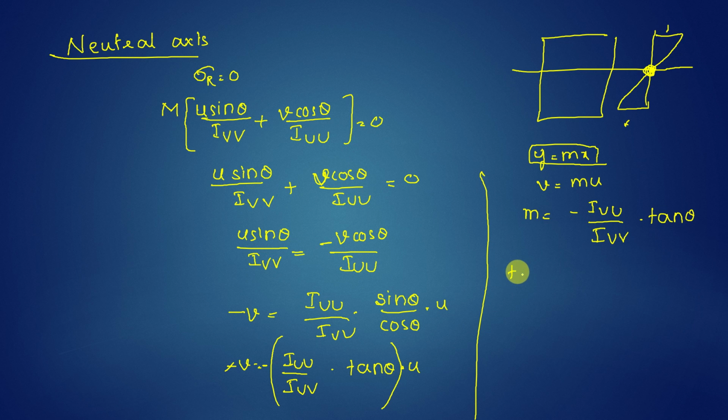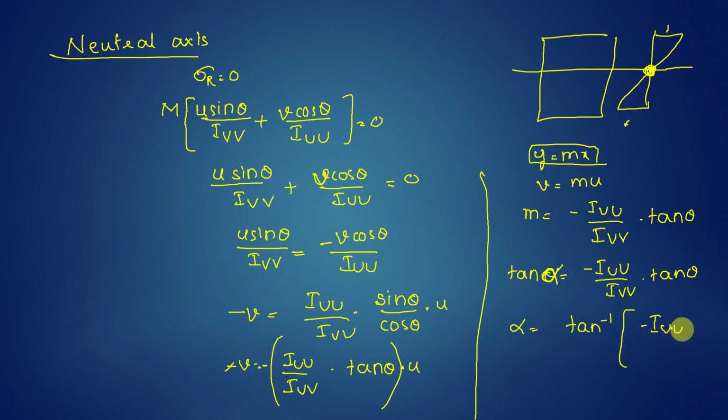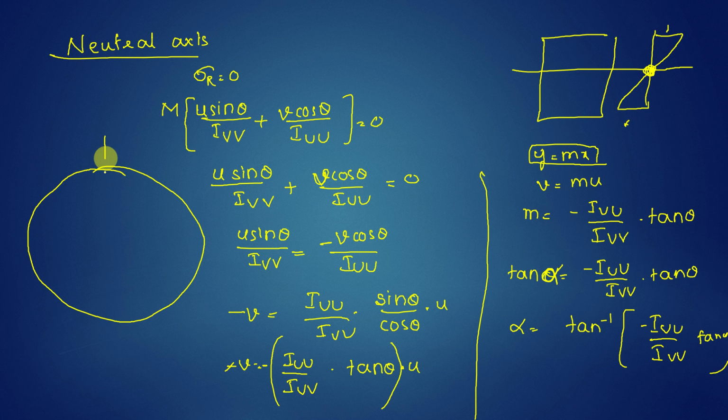Slope is nothing but we consider it as tan alpha. So tan alpha is equal to minus Iuu by Ivv into tan theta. So now alpha will be equal to tan inverse of minus Iuu by Ivv tan theta. So that is about the neutral axis. You will get it as negative. That means if you look at the neutral axis, let me draw the existing axes x, y, and the new axis. Let me change the color here.